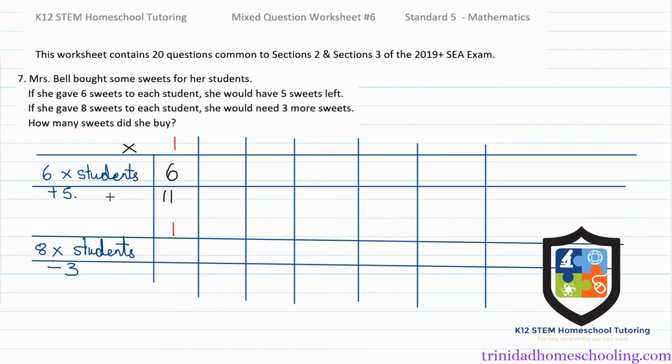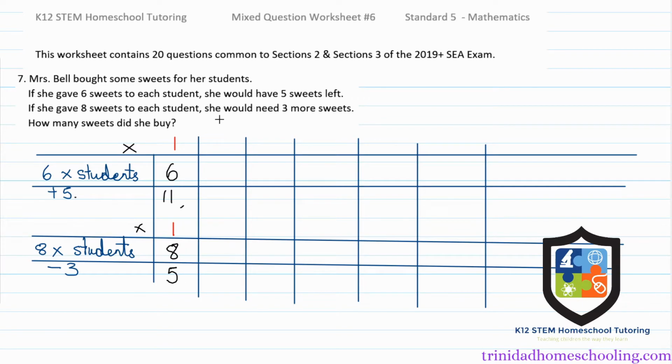So in this first scenario, with one student, if she gave the student 6 sweets, then she had 5 remain, so the total amount of sweets she bought was 11. Now let's see if that works out here. 1 multiplied by 8 gives me 8, and 3 less than this gives me 5. So there is more than 1 student in the class for sure, because the amount of sweets in this case and here do not match.